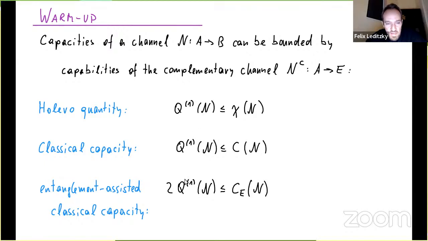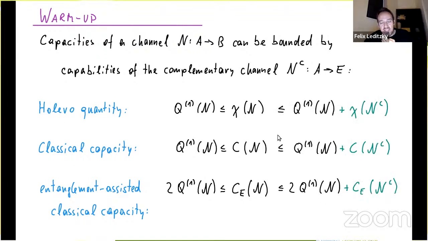And we can also do a similar thing for the entanglement assisted capacity, where we get a factor of 2 here, basically because of teleportation and superdense coding. And now you can show using these entropic formulas that we can actually bound these information capacity quantities again by the left-hand sides plus some error term. And this error term is exactly an information quantity or capacity of the complementary channel.